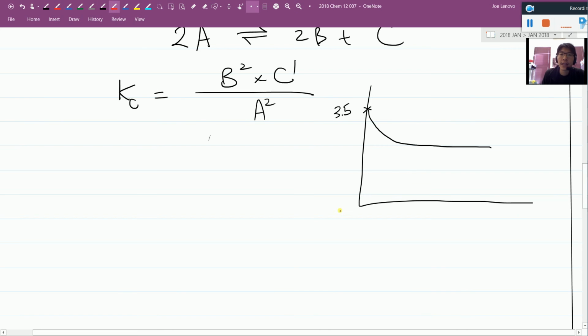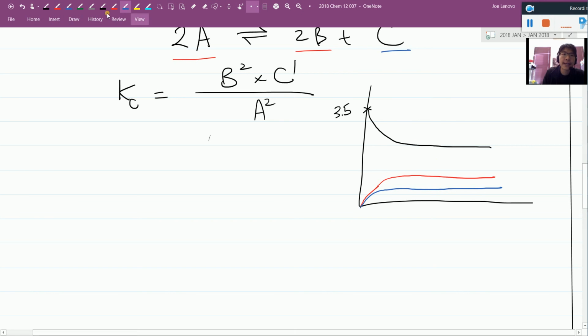A and B would increase. Because A and B are in a 2 to 2 ratio, the number of A that drops would be equal to the number of B that increases. However, C is only in a 1 to 2 ratio, so the amount of C would be only half of the A that is dropping.